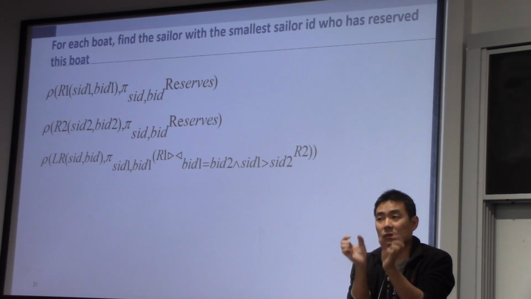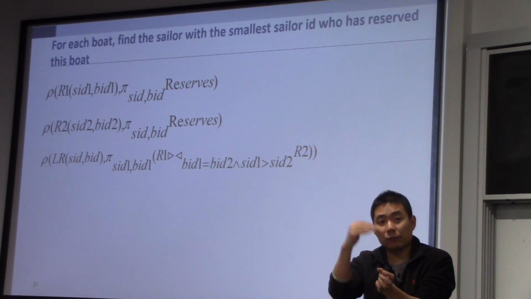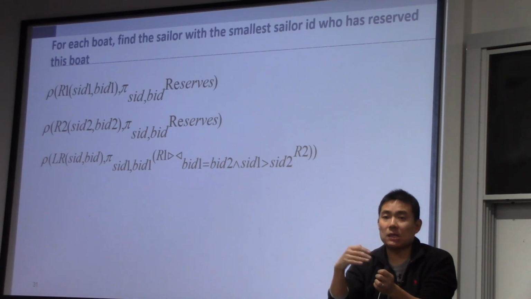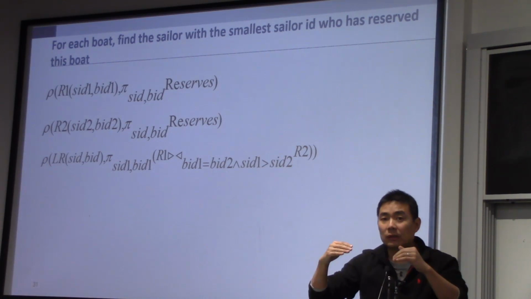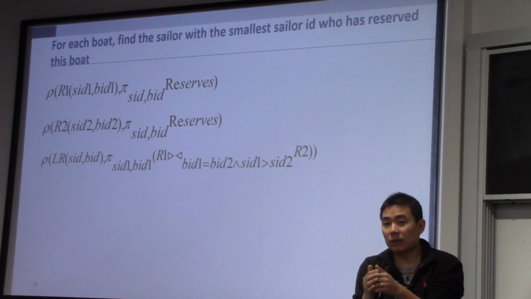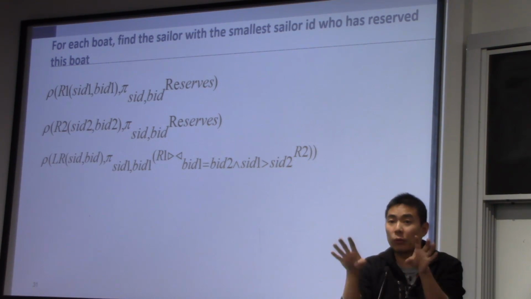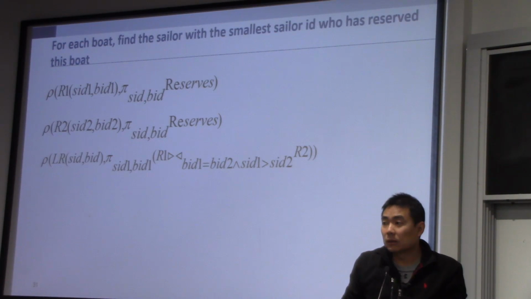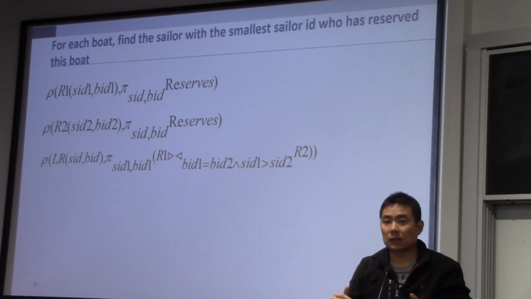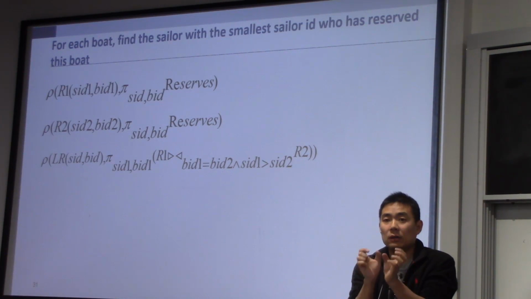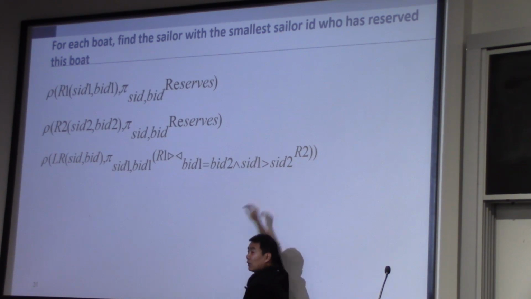Among those pairs, I only care about those pairs referring to the same boat. But I do this for each boat. The for-each semantic is automatically captured by the semantic of the condition join. The semantic of the condition join is, for each record in the cross product, you check the selection condition. That's where the for-each logic is captured. So you loop through every record in the cross product. Whenever you find a pair talking about the same boat, you check if sailor ID is greater than the other one.